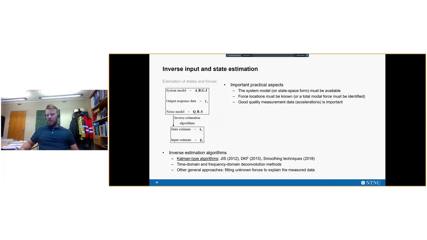Secondly, the force locations must be known. So you have to know where your forces are acting on your structure. Alternatively, you have to identify a model force which encompasses all forces on your structure in a model space. And lastly, you always need good quality measurement data. In this case, it's the acceleration data that is most important.